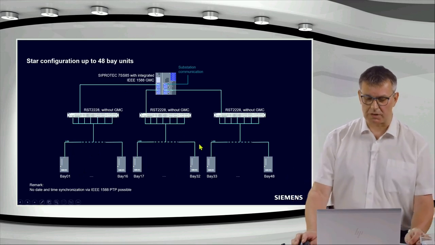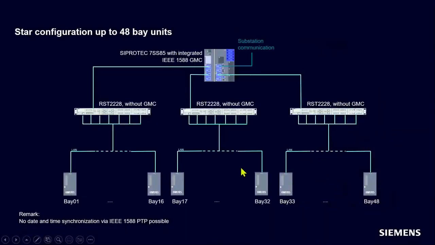Also, a quite good solution, a little bit more hardware effort, but here we can reach really 48 bay units. We can use an Ethernet PD module, and each Ethernet PD module is directly and exclusively connected to one switch.